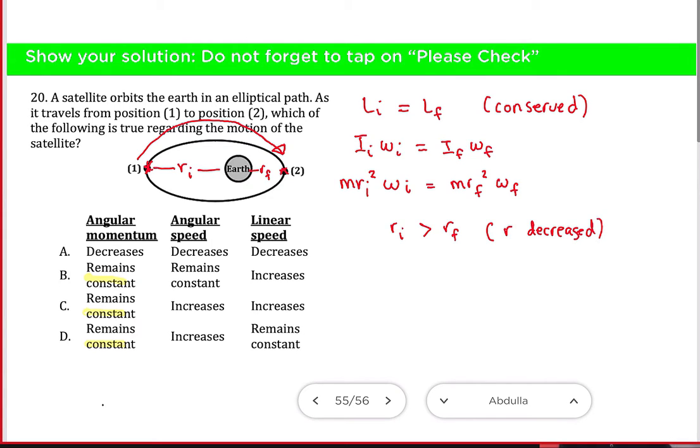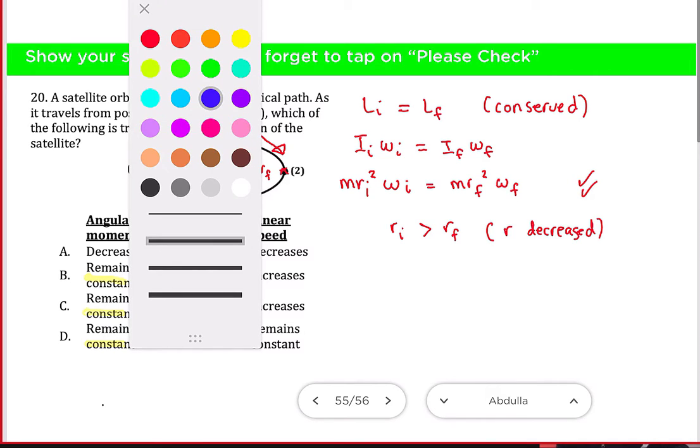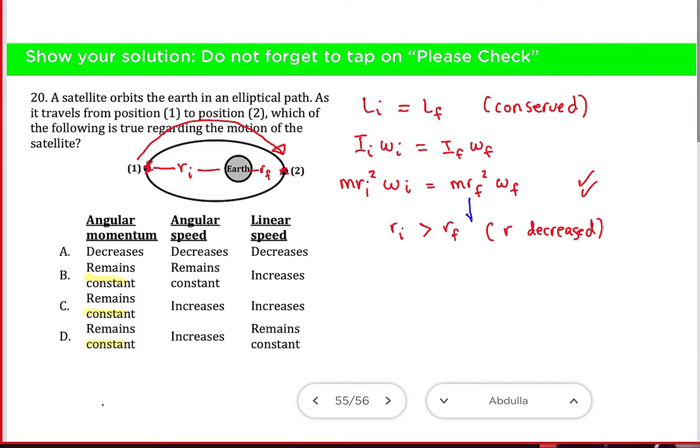So if we look at this equation, as we decrease the radius, in order to maintain the equality, your angular speed has to increase. So the mass cannot decrease or change because the mass is actually constant.